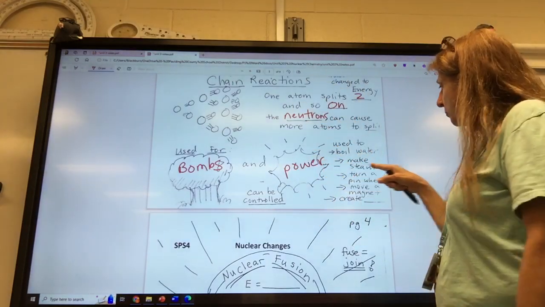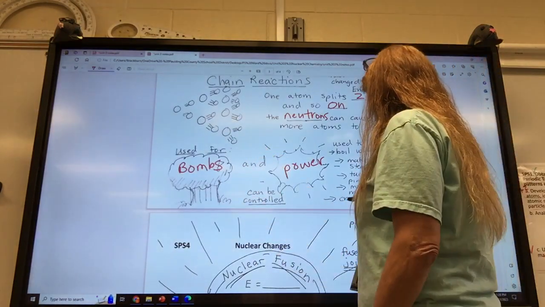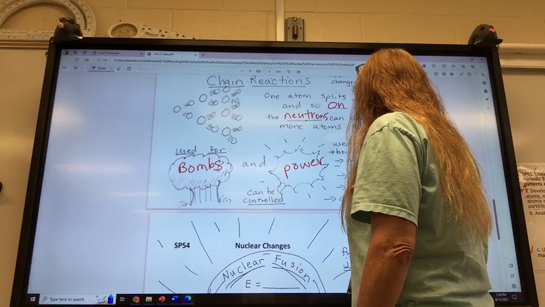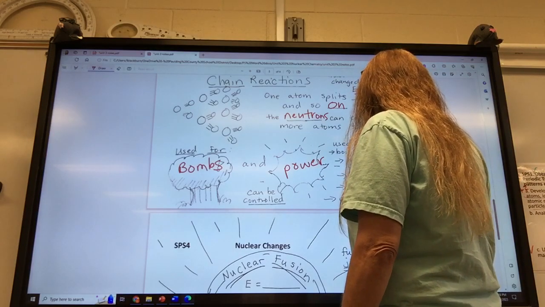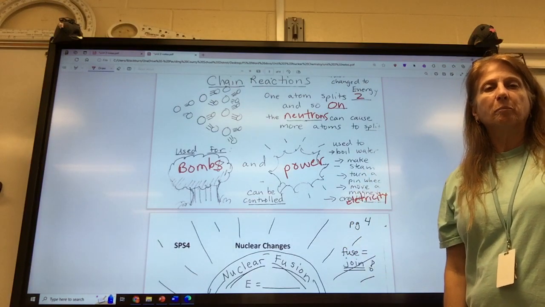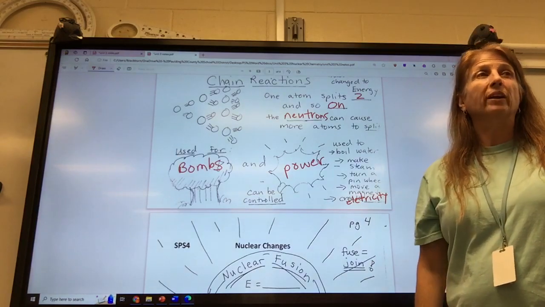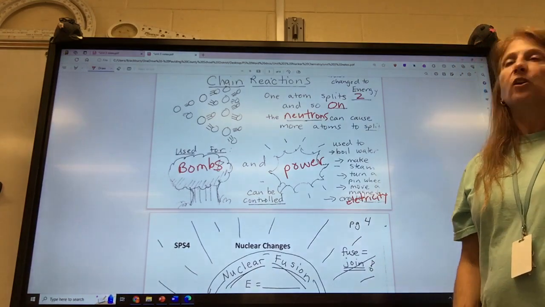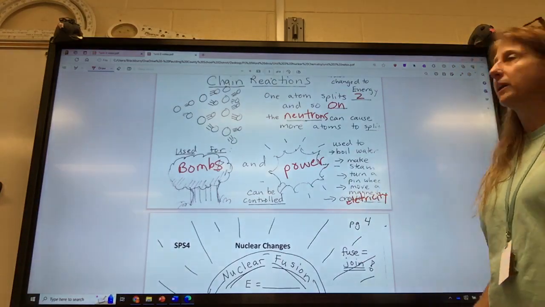But it turns a pinwheel that moves magnets near a wire, and it makes electricity. I didn't really leave enough room for my blank. Electricity. So we'll talk more about how electricity is made, but mainly you're just boiling water different ways. Or what you have to do is you have to move a magnet near a wire. That's how you make electricity.